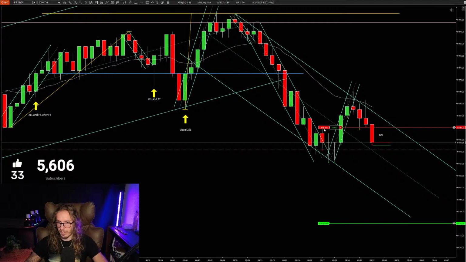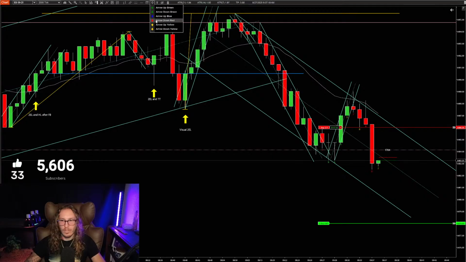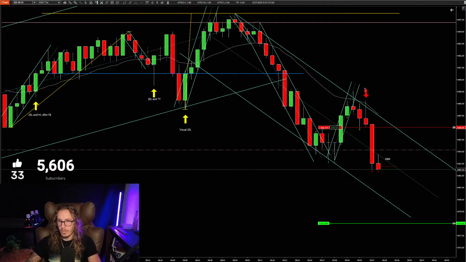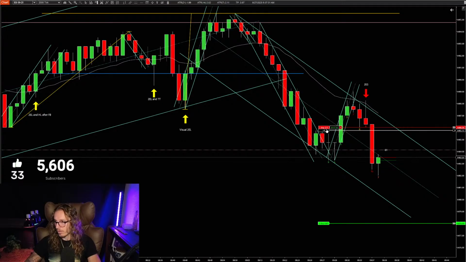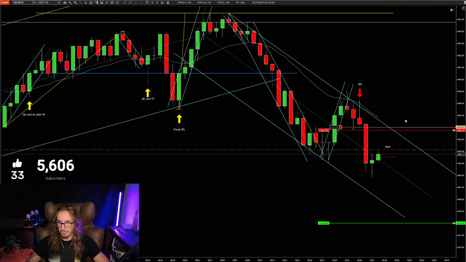Oh, it moved already. There we go. All right, so let's wait and see here. I'll move to break even +1 because we've already moved pretty far.